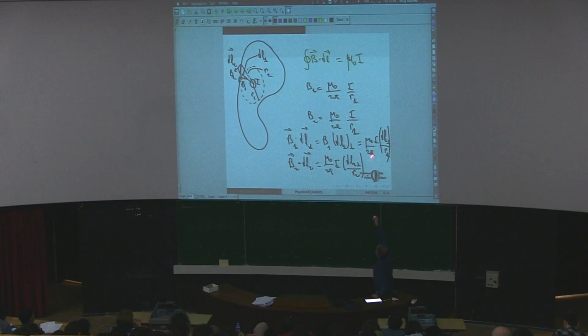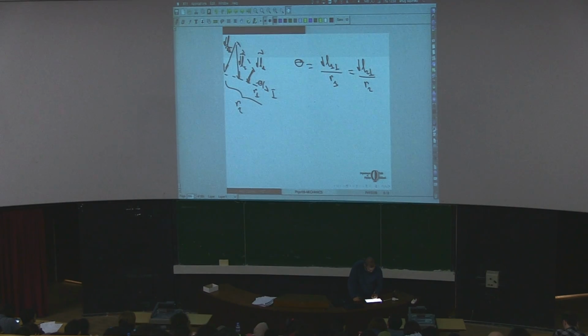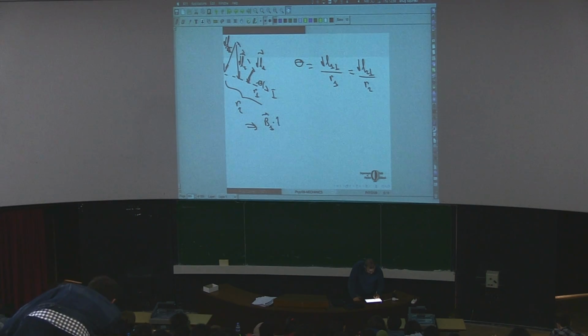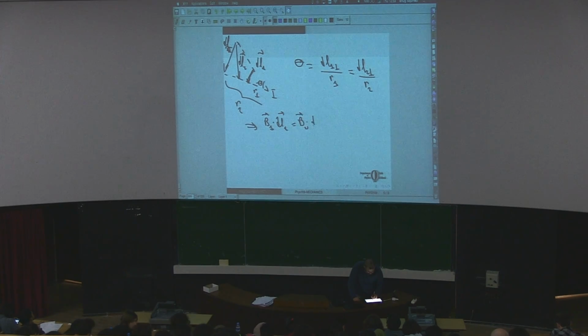But these two things are equal. dl1 perpendicular over R1 is equal to dl2 perpendicular over R2. They are nothing but the angle over here, and they see the same angle. So that completes my proof that B1 dot dl1 is equal to B2 dot dl2.